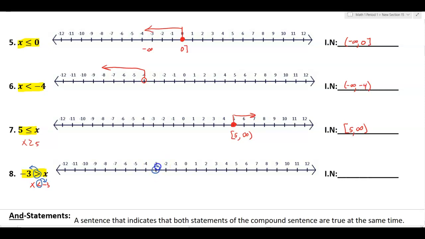So it would be an open dot on negative 3. Since we're less than, we would shade left. Where does this graph start on the left? At negative infinity. Where does it end on the right? Negative 3. So my interval notation, round parentheses, negative infinity to negative 3, open dot tells me to use round parentheses.